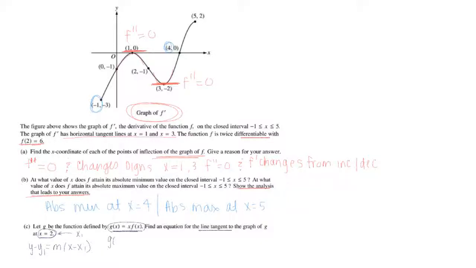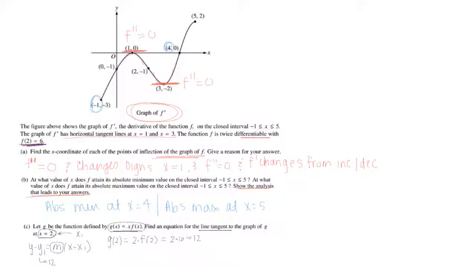g at 2 is equal to 2 times f at 2. Well, we need to know what is f at 2, and remember f at 2 was given to us. It's up here. f at 2 is 6. So we know we have 2 times 6, which is 12. So I know y sub 1 is 12.